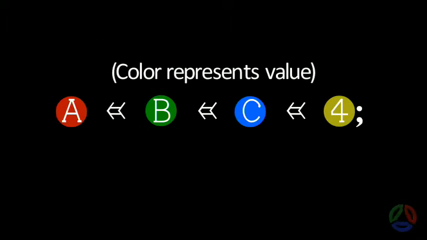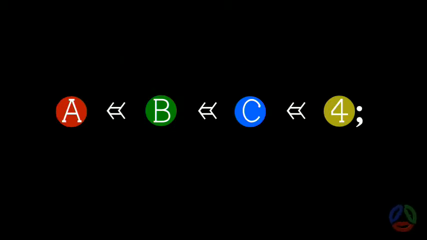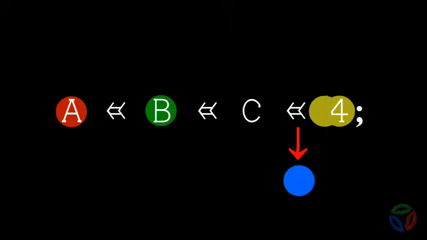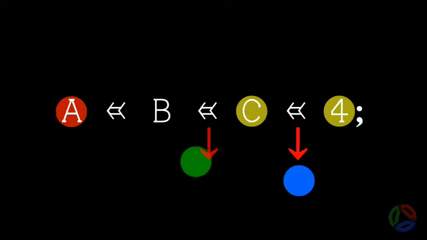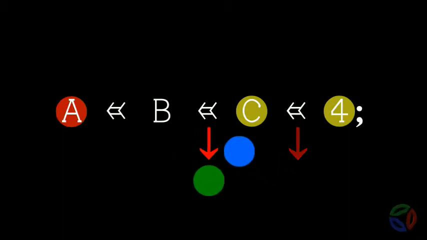What it means is that values can be shifted through a number of specified items. In this example, the value of 4 is written to C. But before this is done, C's value is first read to be returned from the assignment. It is C's original value that is written to B. But before this is done, B's value is first read and is returned from the assignment.